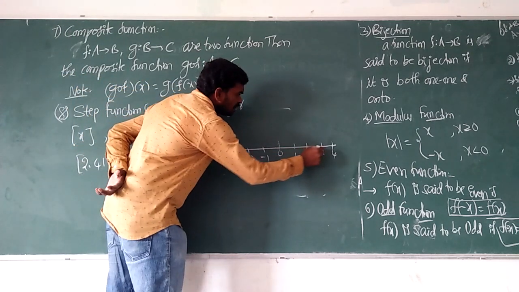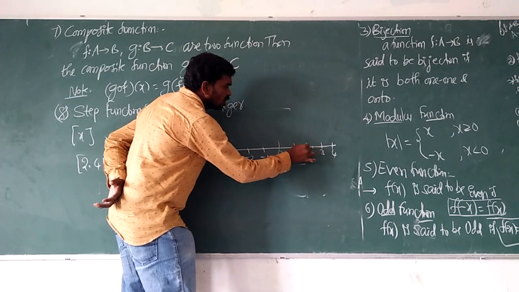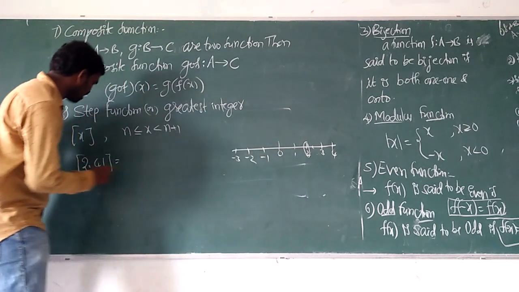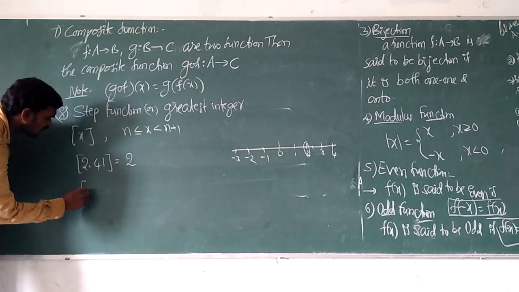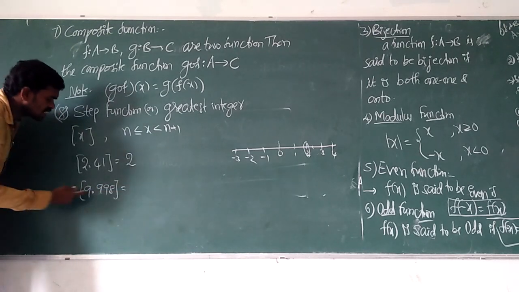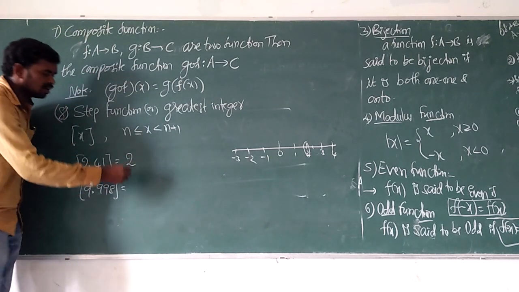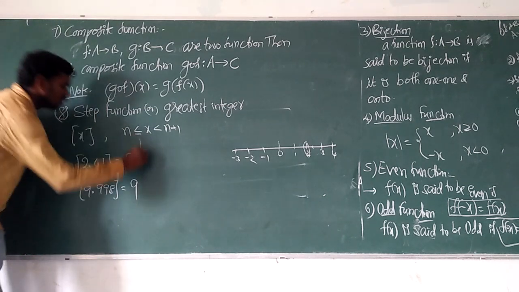It lies between 2 and 3. In this, what is the left hand side integer? 2 is there. So that's why step of 2.41 becomes 2. And suppose you want 9.98. What is the left hand integer of 9.98? It lies between 9 and 10. So the value of step of 9.98 becomes 9.